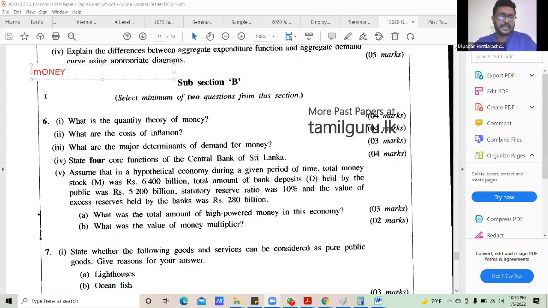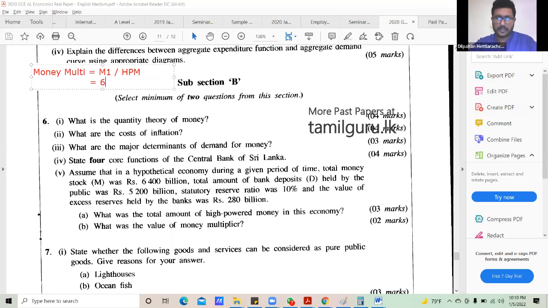What's the money multiplier equation? Money multiplier equals M1 money supply divided by high powered money. So you have to remember these equations, otherwise it's difficult.